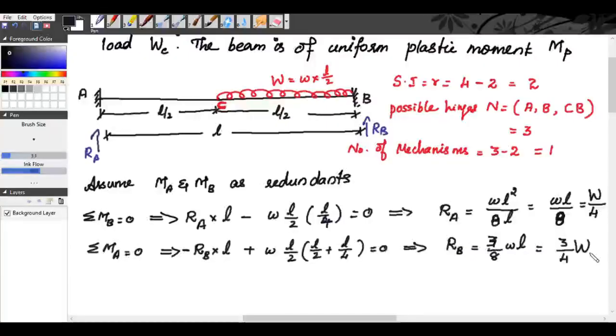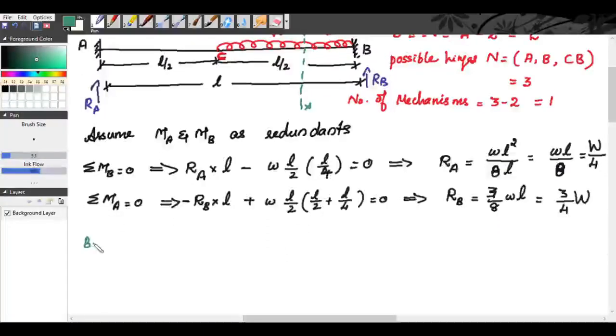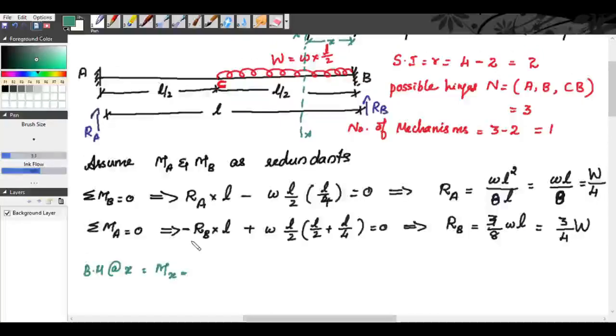Okay. Now, we will consider a section XX at a distance X from B. So what you get is bending moment at X, Mx is equal to RB into X, bending moment about this section.